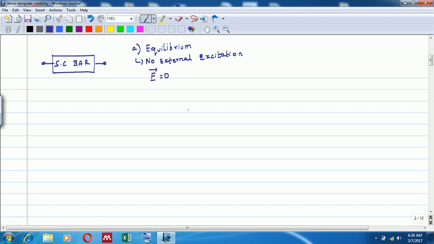But one thing we need to remember here, even when there is no external excitation, even when the applied electric field is zero, the carriers inside the semiconductor will be having random motion.